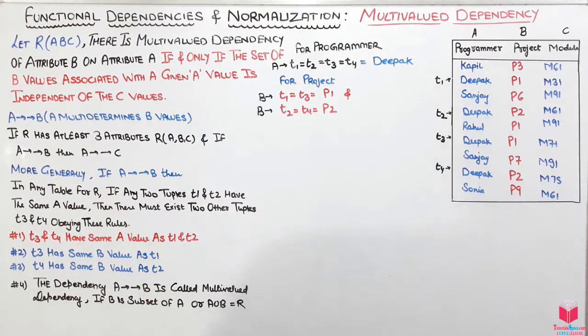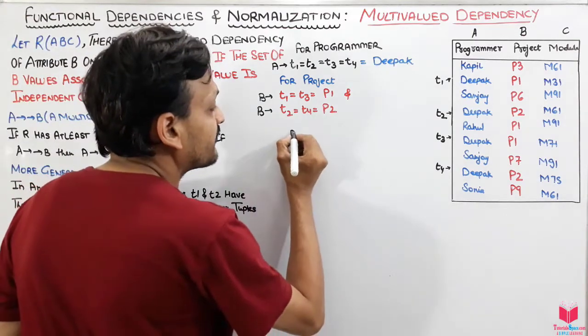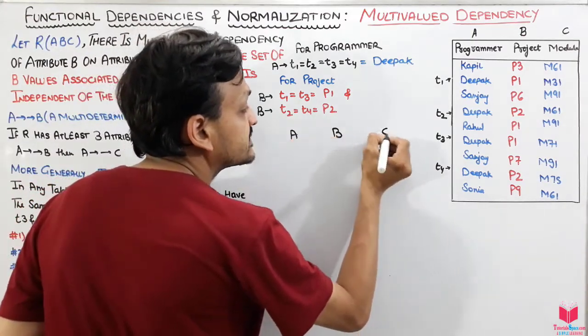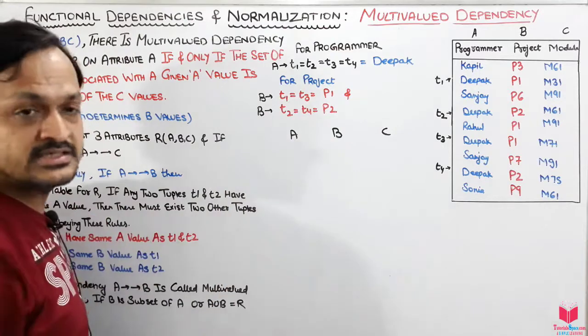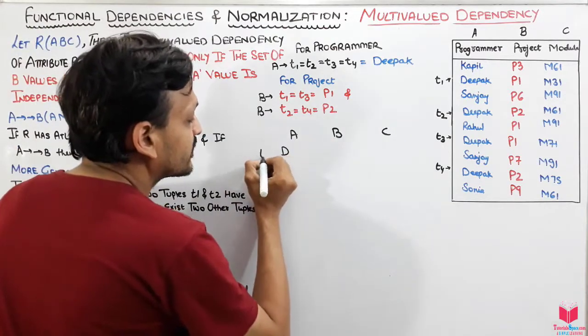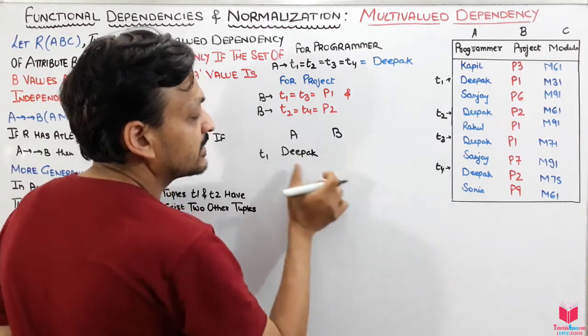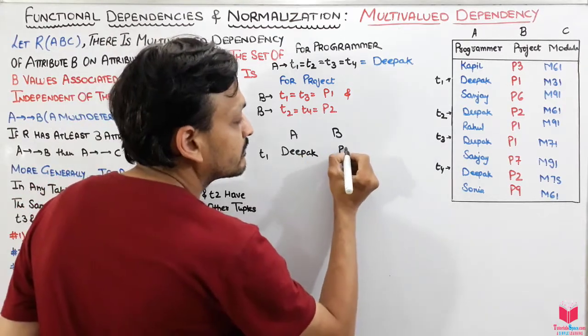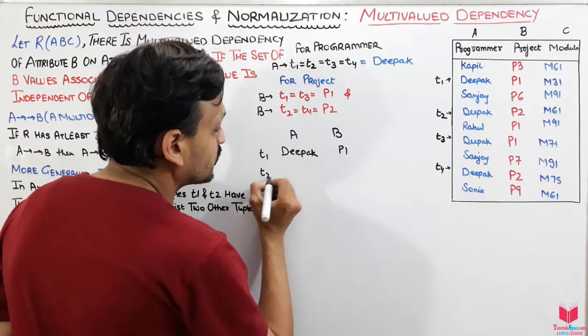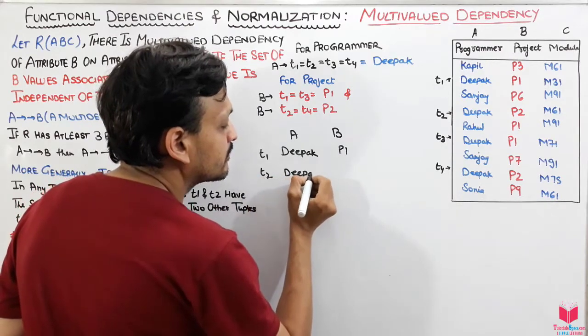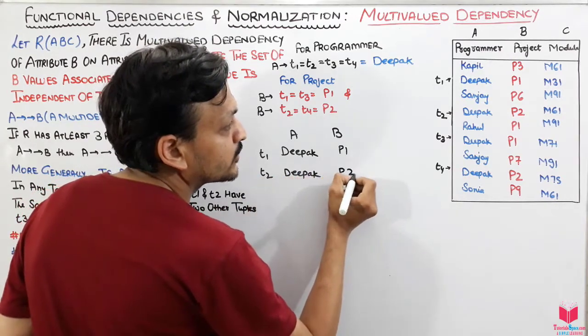This kind of table creates a lot of problems, because even though it is in BCNF, it still creates some problems. If I take A, B and C and just these tuples: for T1 there is Deepak, P1. For tuple 2 there is Deepak, P2.